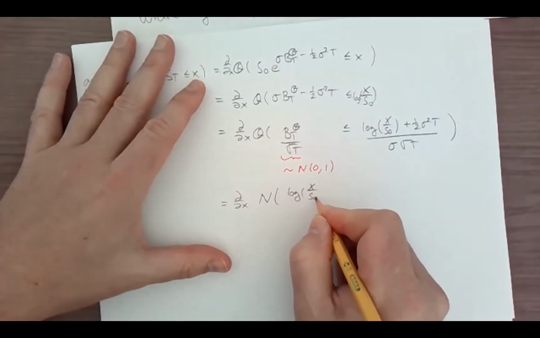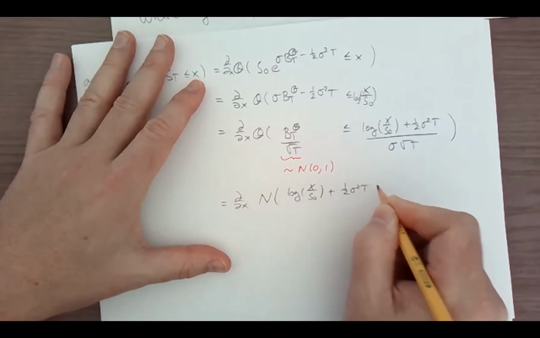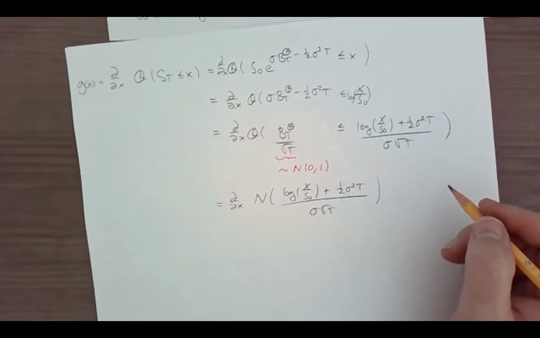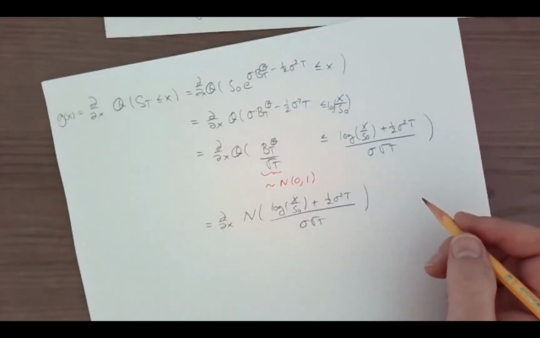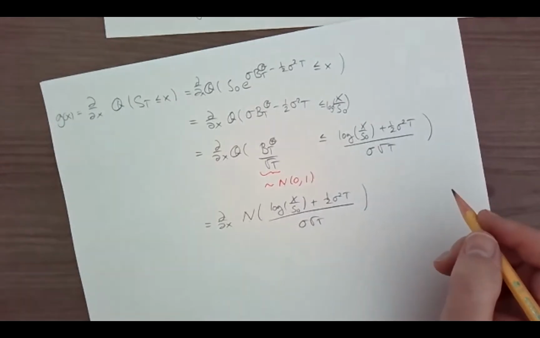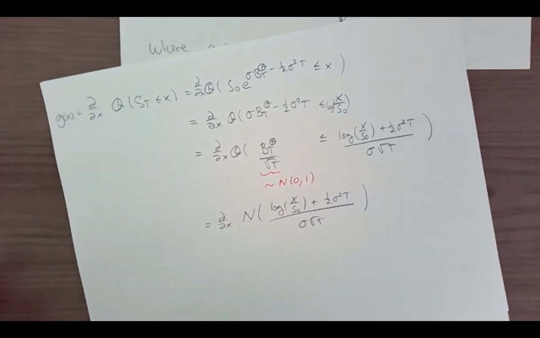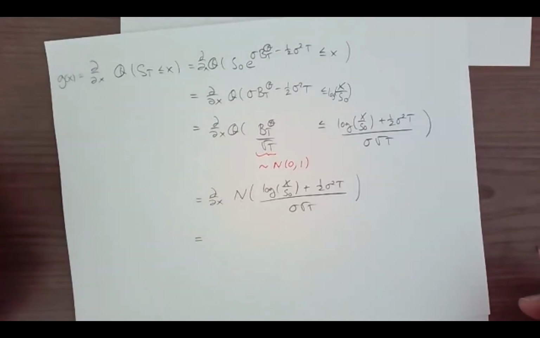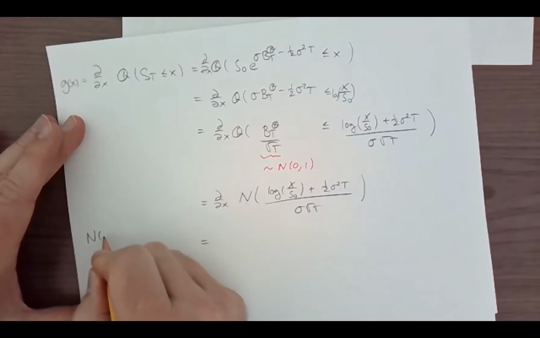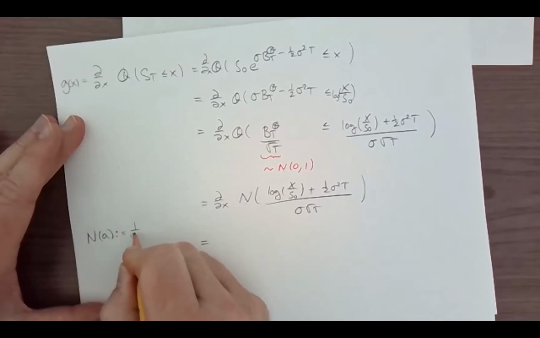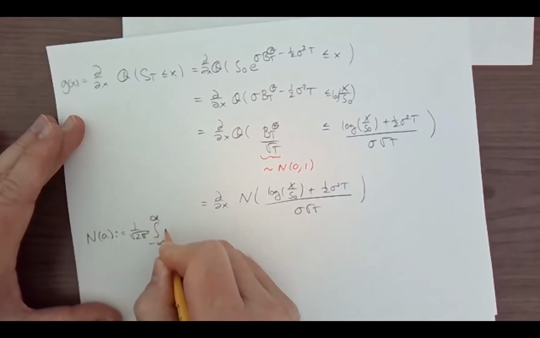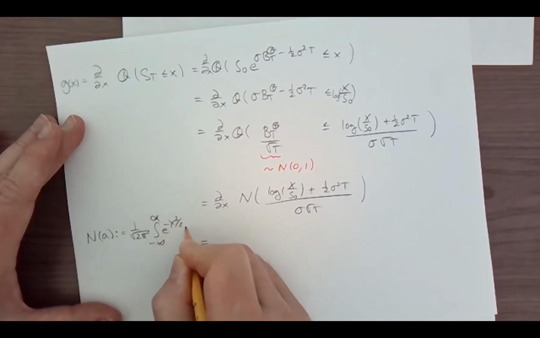This is (log x over S0 plus 1/2 sigma squared T) over sigma root T. All right, so here N of a is 1 over root 2 pi times the integral from minus infinity to a of e to the minus y squared over 2 dy.